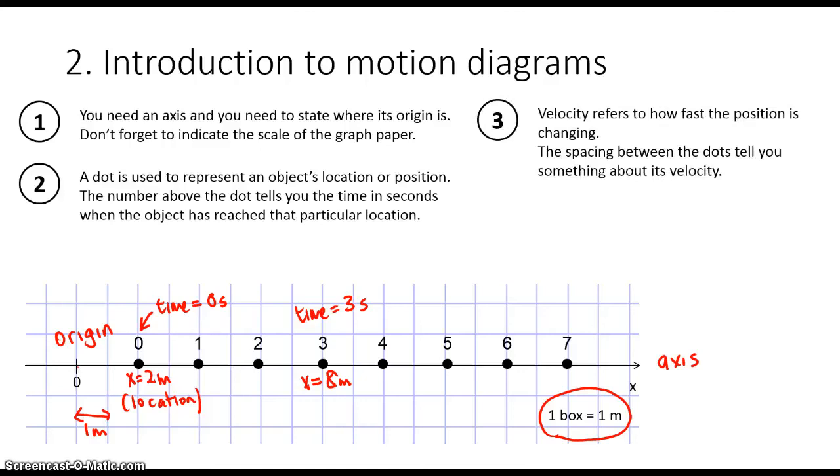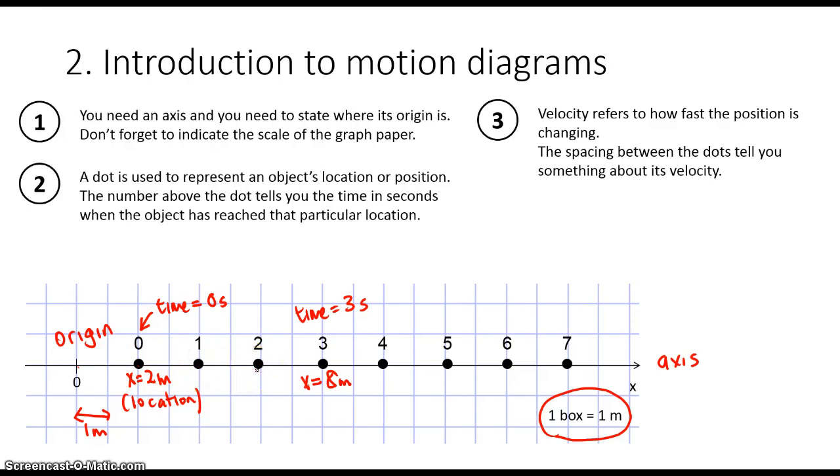Now, another word you may have heard of is velocity, which refers to how fast the position is changing. You'll notice the spacing between the dots is the same between successive seconds. For example, 0 and 1 second is separated by 2 meters, and 1 and 2 seconds, again separated by 2 meters.